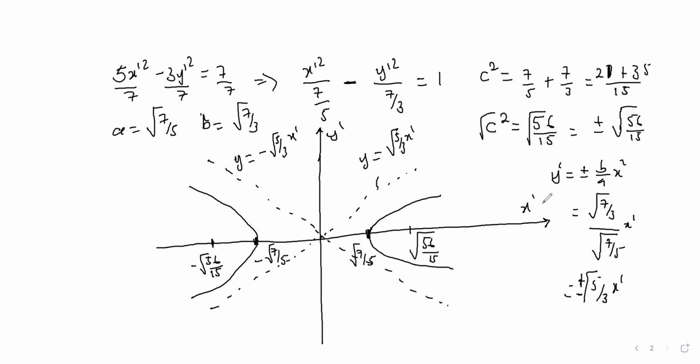Whenever you're dealing with a hyperbola, there's this part where you can understand the directrix. This guy has got directrix, but this happens mostly in application. This is the equation: x prime is equal to a squared over c.